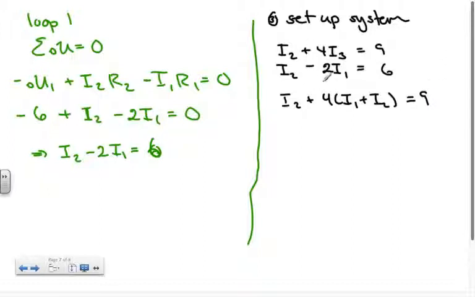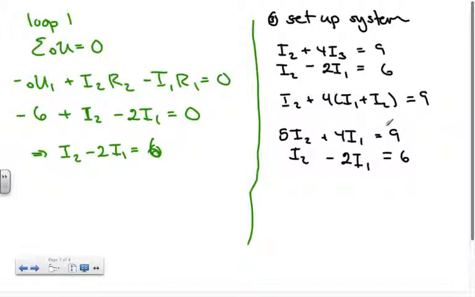Distribute the 4. 4 times 1 is 4. 4 times 1 is still 4. 4 plus 1 is of course 5. So it's going to be 5 I2 plus 4 I1 equals 9. I2 minus 2 I1 is equal to, of course, 6.